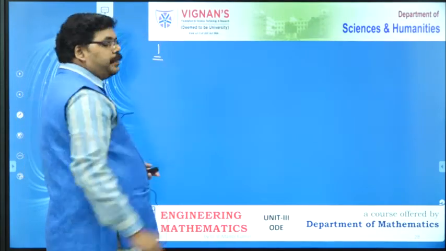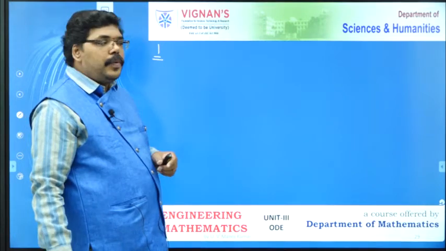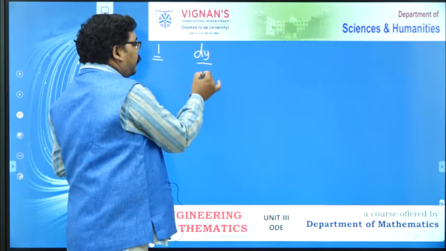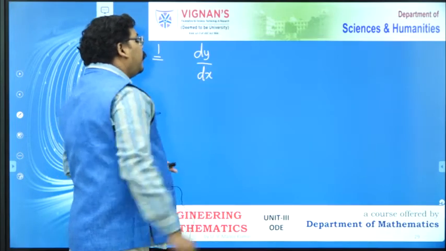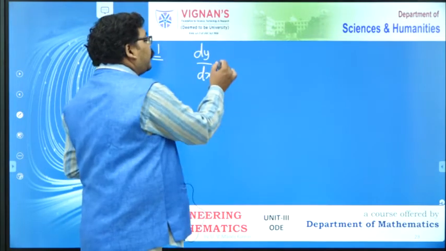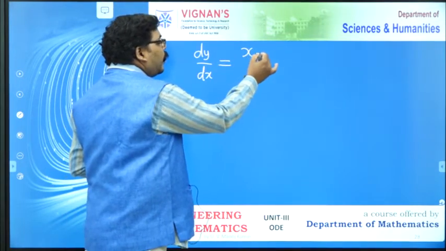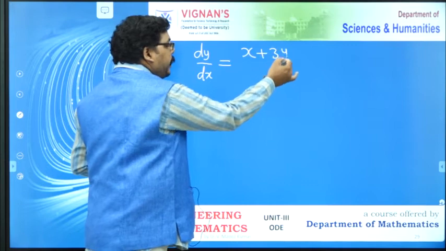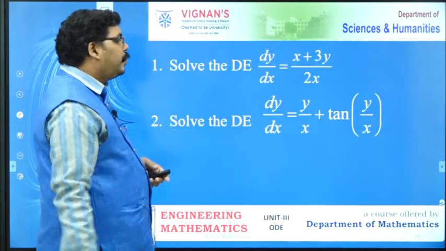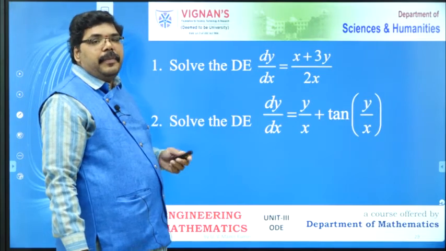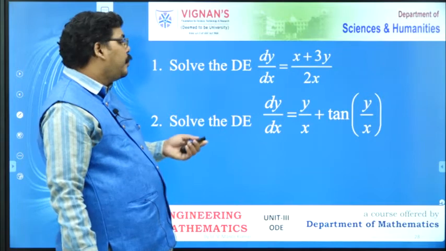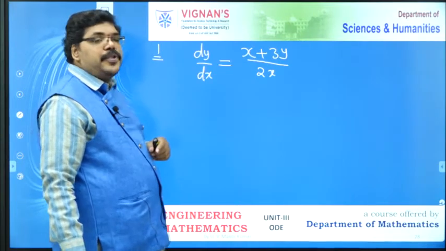First problem. What is the given problem? dy by dx equals x plus 3y by 2x. Is it in homogeneous form?